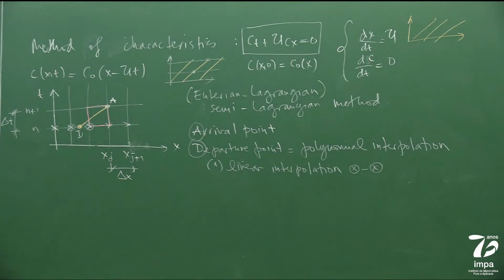And if you do linear interpolation, it gives you a little bit of numerical diffusion or attenuation, like the upwind.